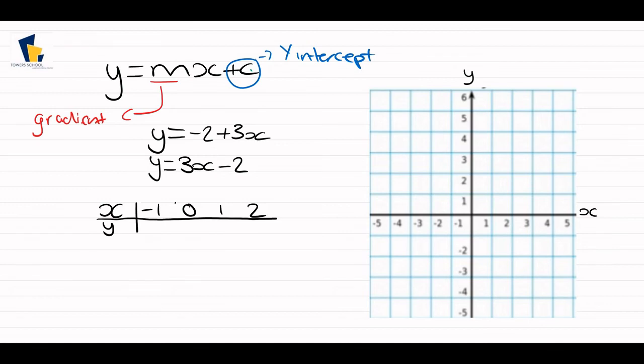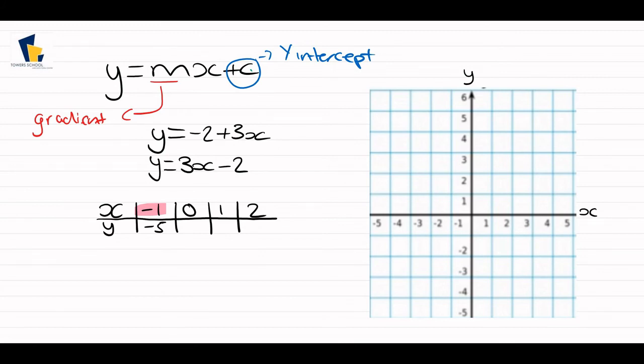All we're going to need to do is substitute in these x values into this equation to get our y value. We're going to start with minus 1. So 3 times minus 1 will give me minus 3. Minus the 2 gives me minus 5.